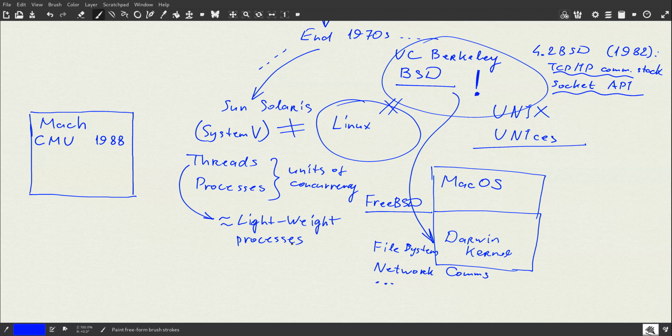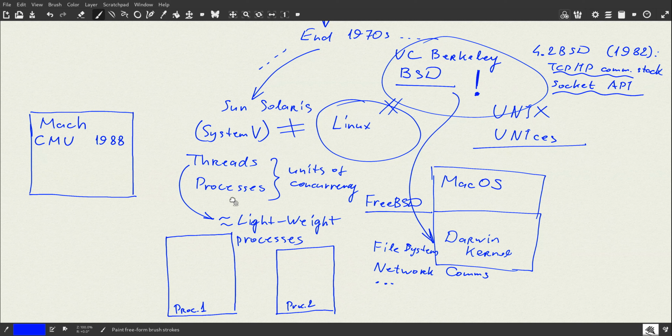So I would diagrammatically explain it in this way. So for example, there is a process one. There is a process two. They all, one way or another, in modern operating systems, are isolated from each other.